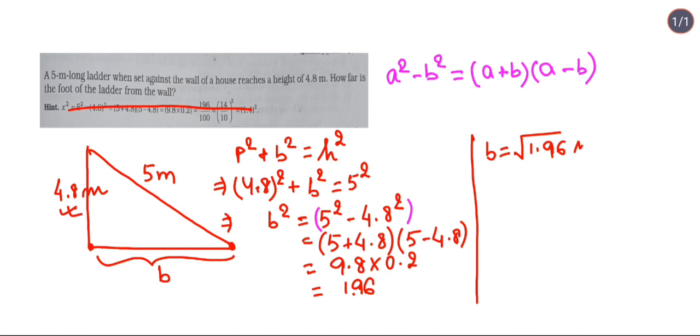So it is meter in unit, of course. So the root under 1.96 is equal to 1.4 meters. So the distance between the foot of the ladder and the wall is 1.4 meters. So this is how we solve these kind of questions.